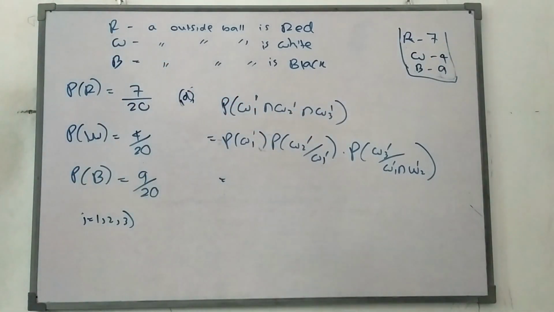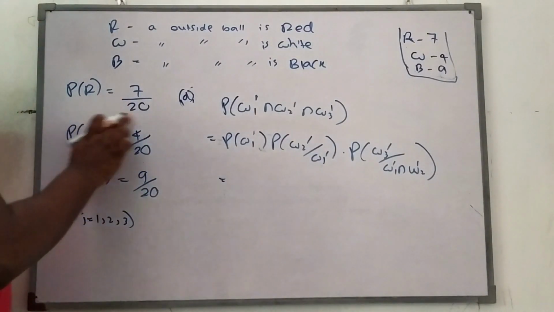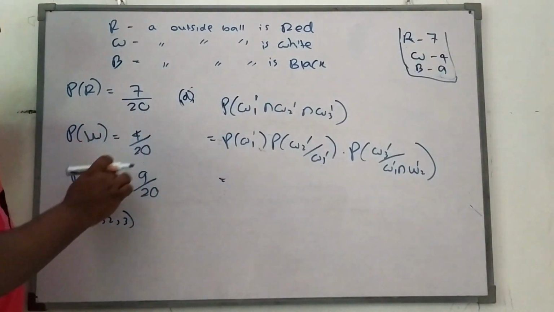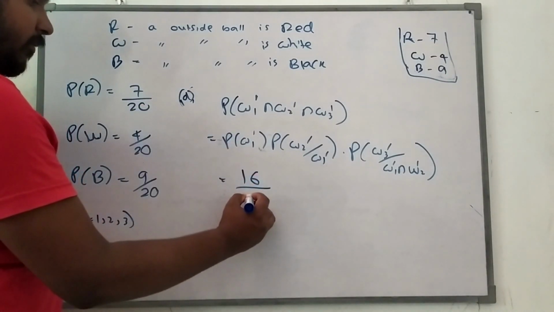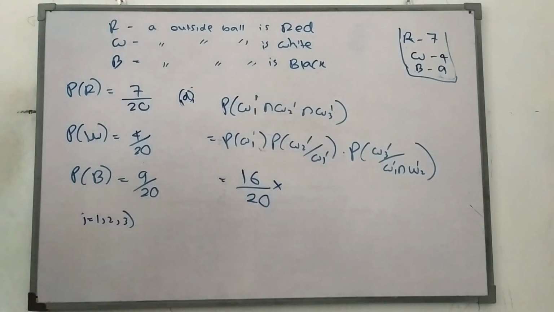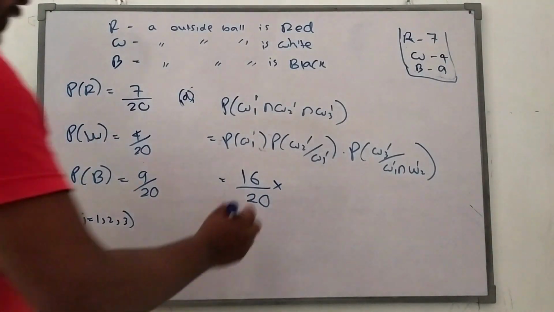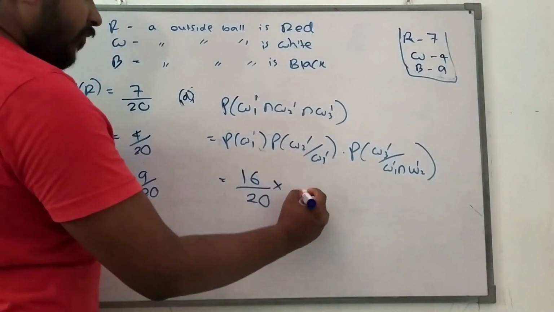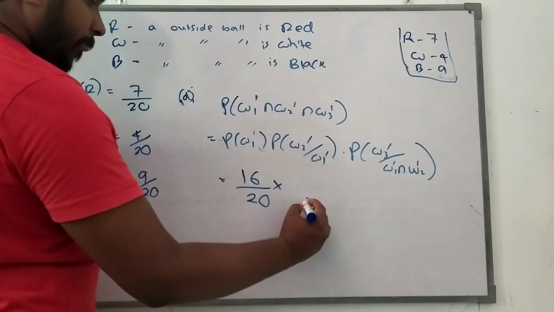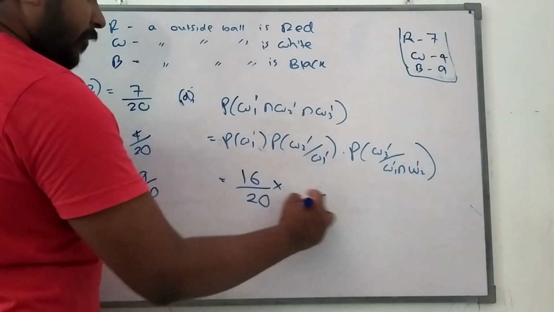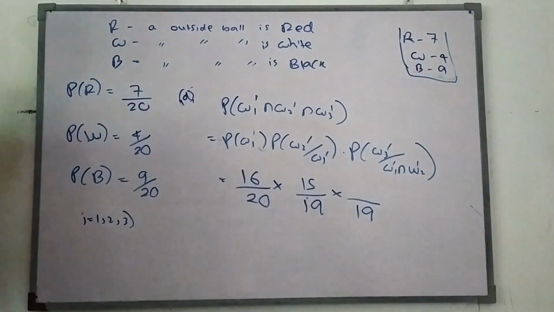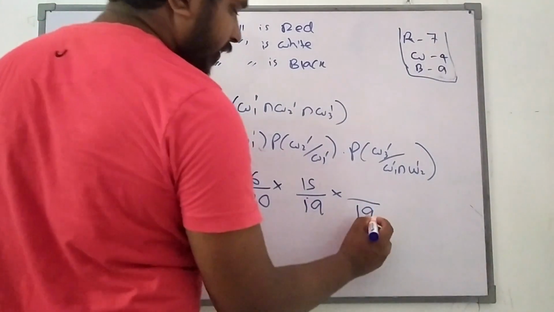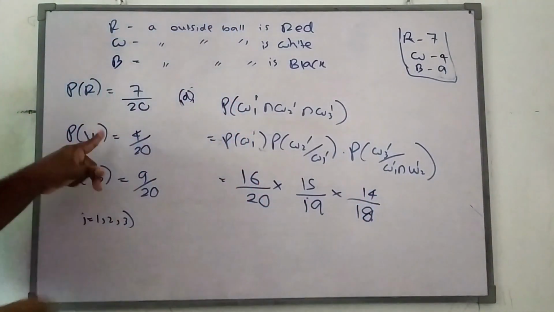So all together here, we have white balls 4, right? Then it's 16 over 20, except white. And except white, 15 over 19, 14 over 18. So except white, right?